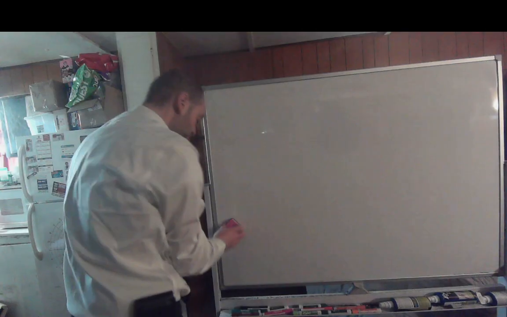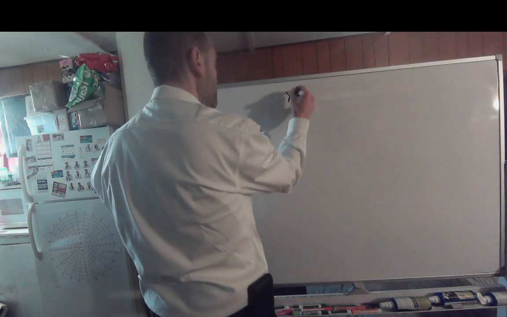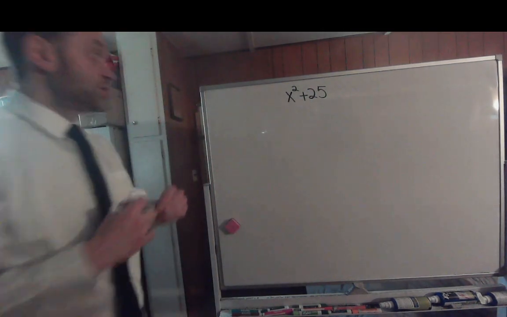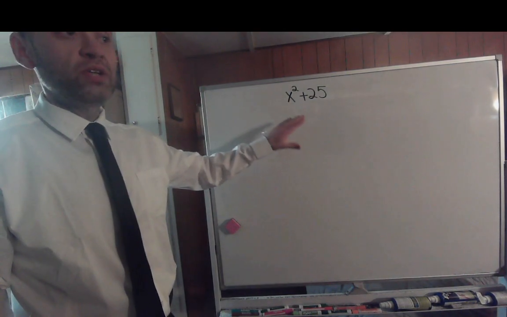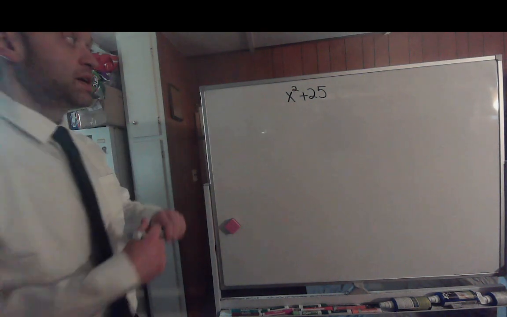So let's get into some examples here. Let's actually start with the sum of two squares. So we have x squared plus 25. Now, when we were only considering the real numbers, there would be nothing we could do with this.